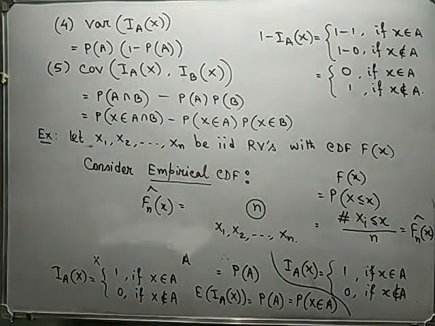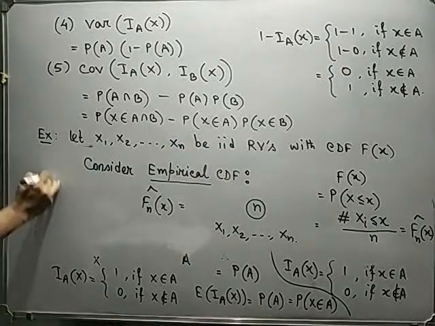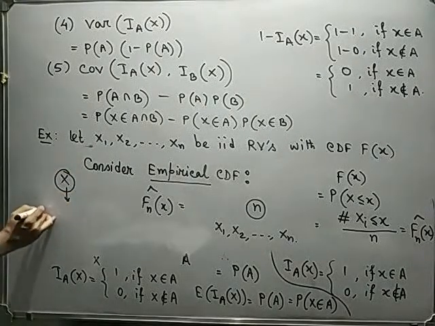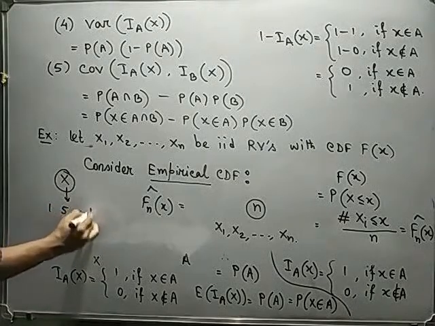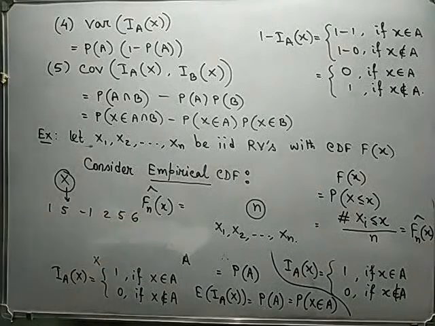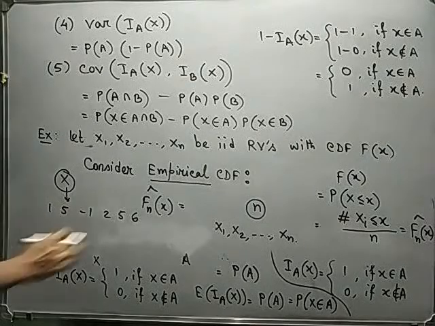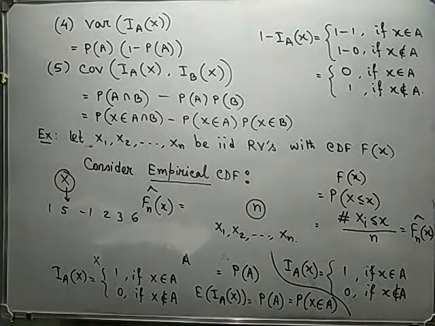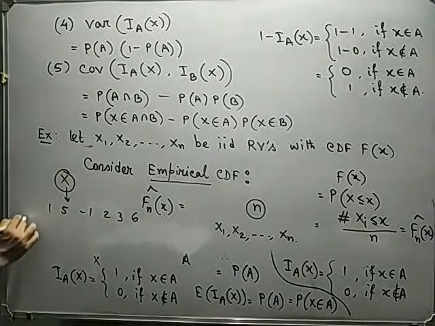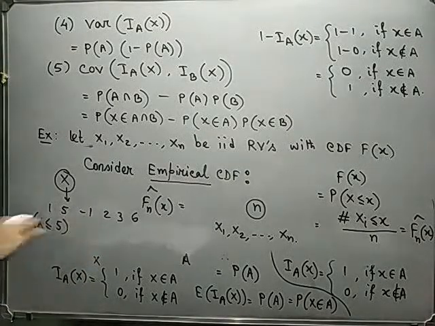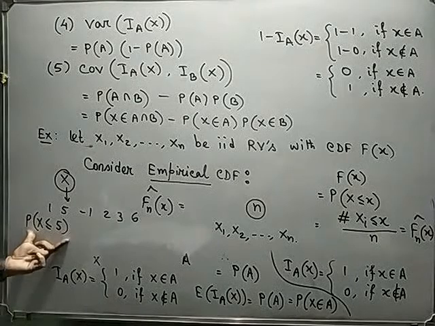Now what does this mean? Let's say we have a random variable capital X and we have chosen n values from it, say 1, 5, -1, 2, 5, 6. Now if we want to count the probability that capital X is less than or equal to 5, how can we get that?